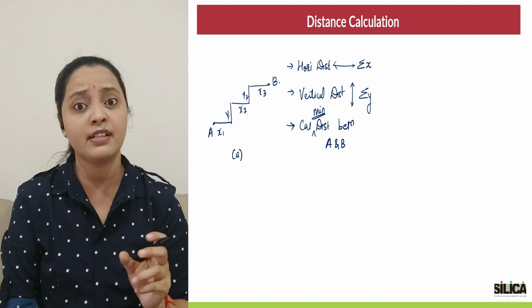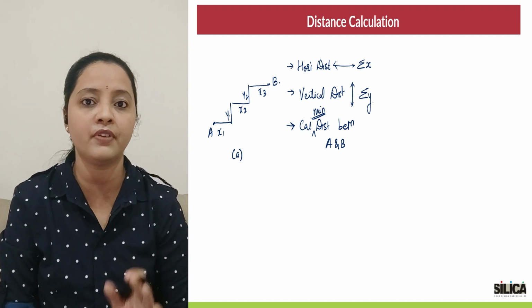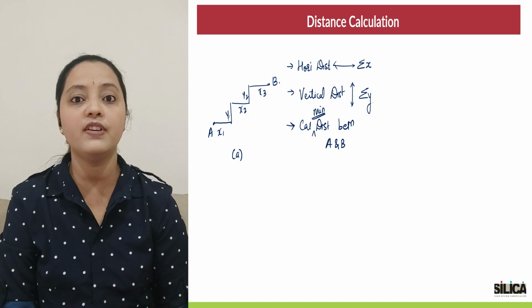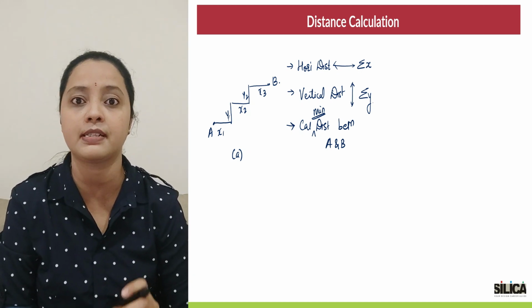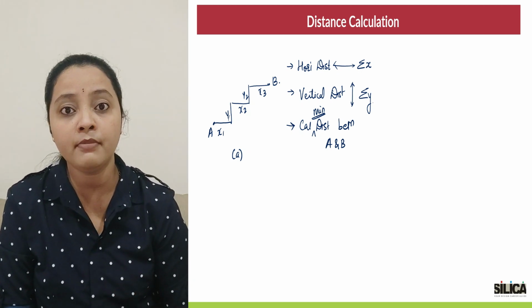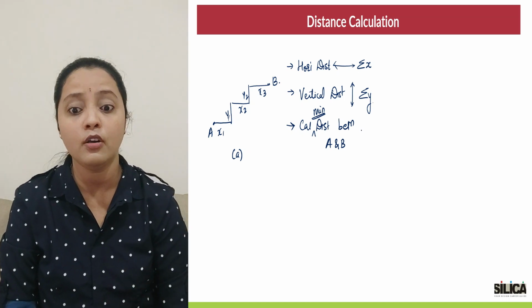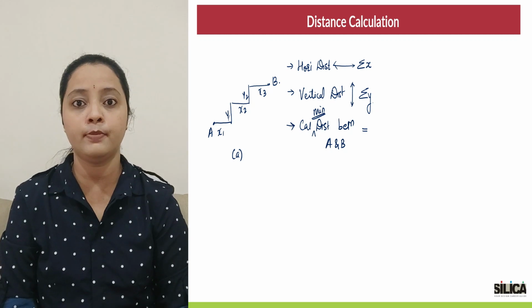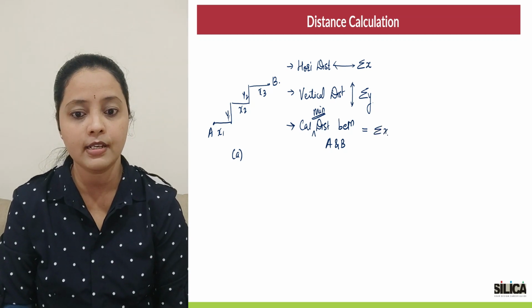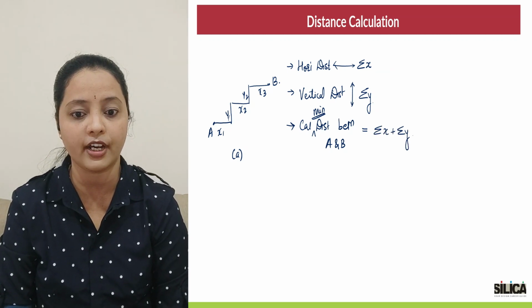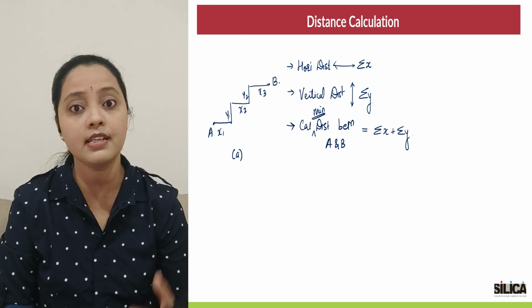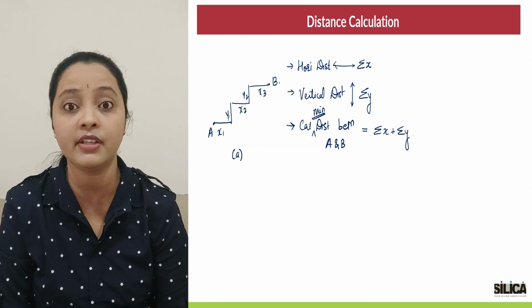If they are just saying calculate the distance between those 2 points, you are always supposed to find the minimum distance between them. Minimum distance has nothing to do with the horizontal and vertical distance. Don't even think that the distance between A and B is simply summation x plus summation y. Obviously it is the distance between A and B, but is it the minimum one?